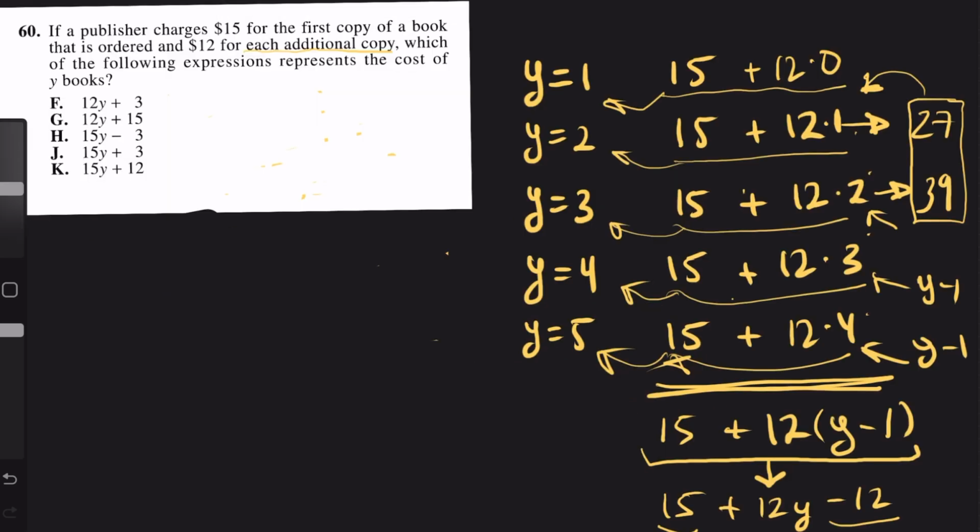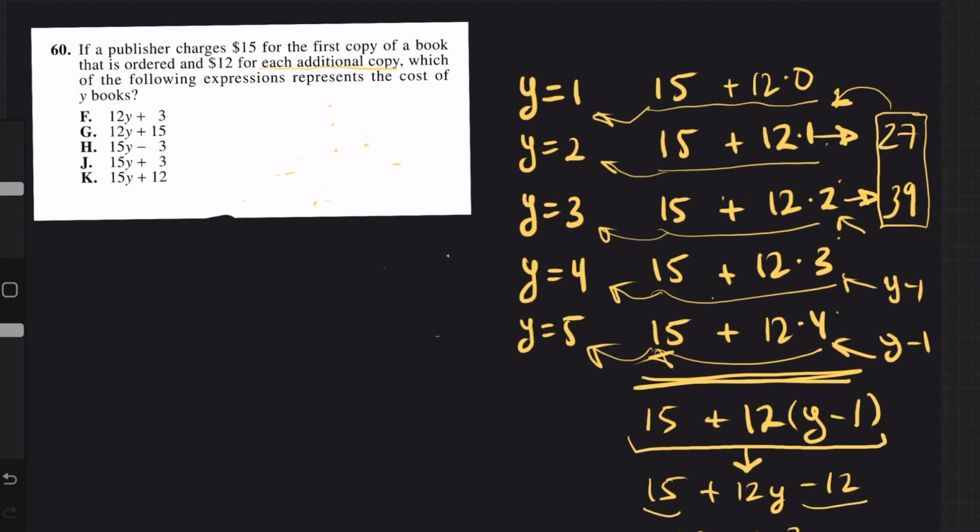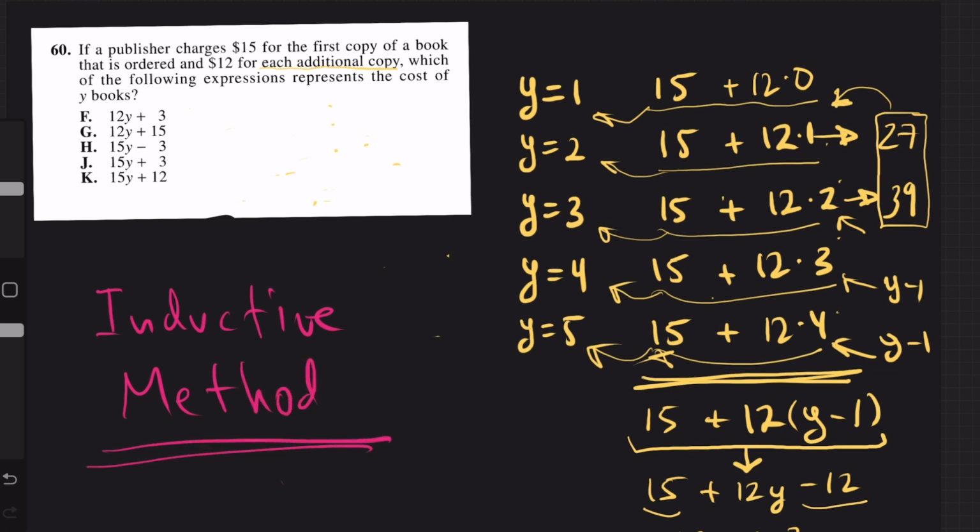I hope that with this brief analysis, I have provided you with a tool called the inductive method. You can read more about it, and this will definitely help you to solve this kind of problem.